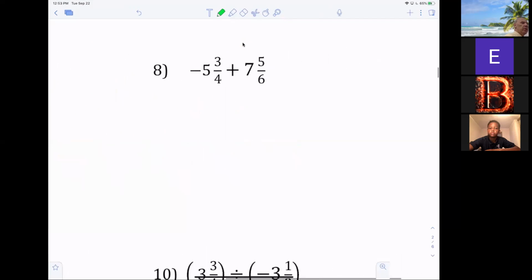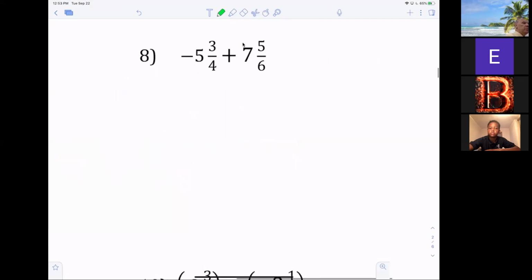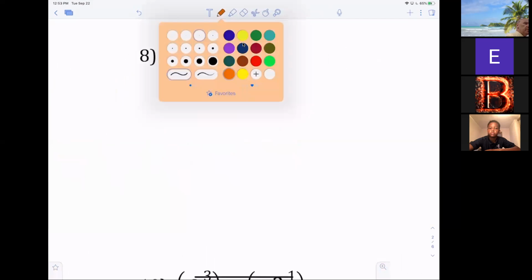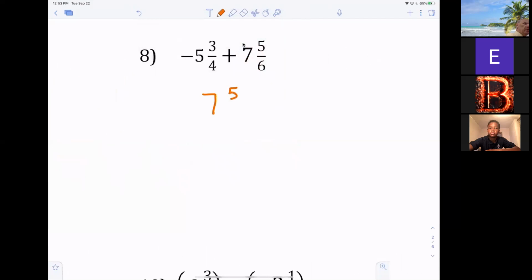All right, here we go with number 8. Now, are we adding or subtracting? Subtracting, good. So let's go ahead and do that. 7 and 5/6 minus 5 and 3/4. So what's my common denominator? Yes, that is a common denominator. How about 12? Right, it's okay.